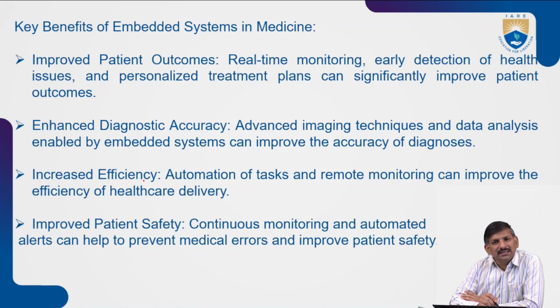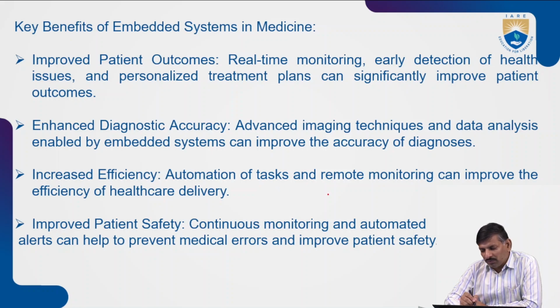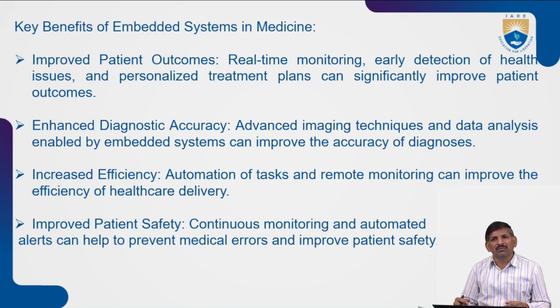Increased efficiency. Automation of tasks and remote monitoring can improve the efficiency of health care delivery. Because of busy life and everything, it is somewhat difficult to identify the problems. So, we are using these advanced embedded systems like BP machines or heartbeat machines.